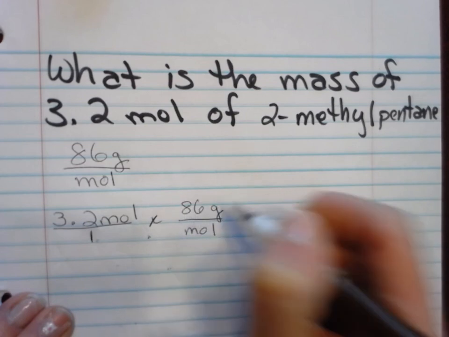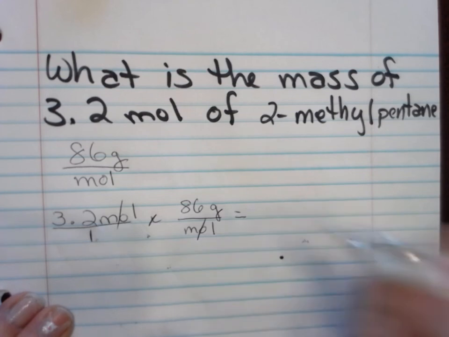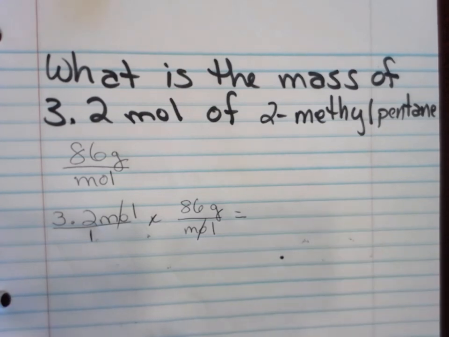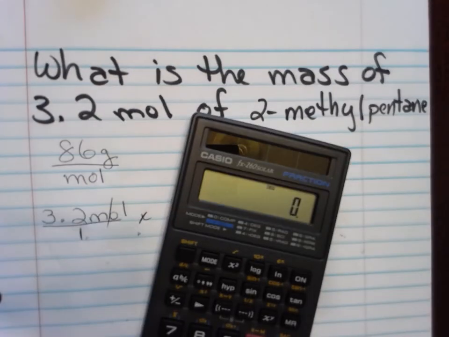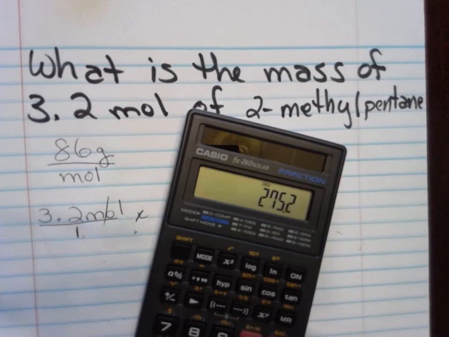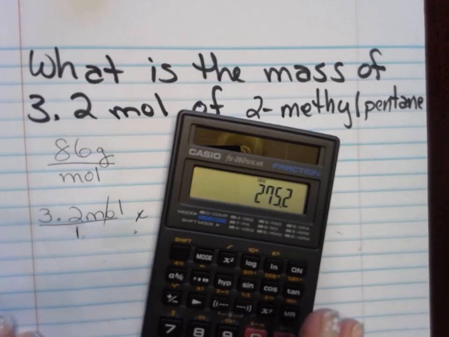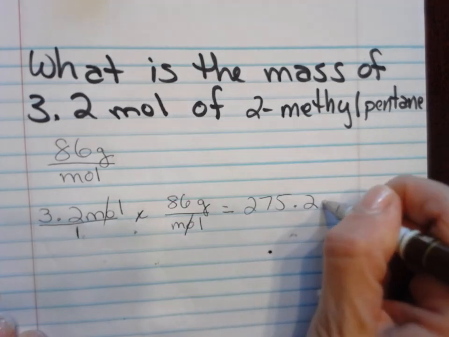When both of them are on top, you're simply going to multiply 3.2 times 86, and I get 275.2 grams.